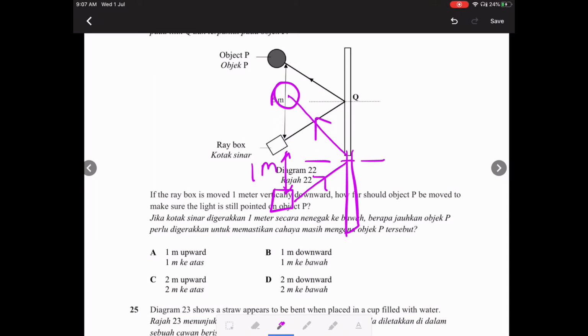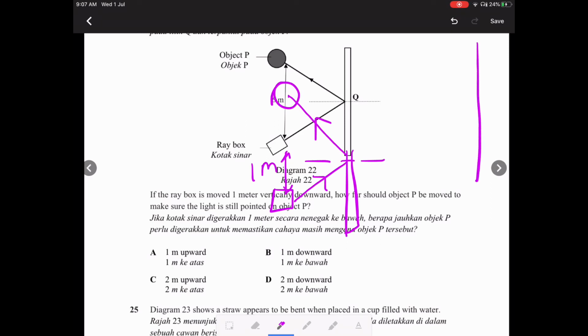If the ray box is moved 1 meter downward, so dia gerakkan ke bawah 1 meter. Sekejap, downwards ni macam mana? Kalau downwards tu ialah yang ke belakang. Move 1 meter vertically downward. Kalau dia kata downwards tu, sebab soalan ni tak jelas pergerakan dia.